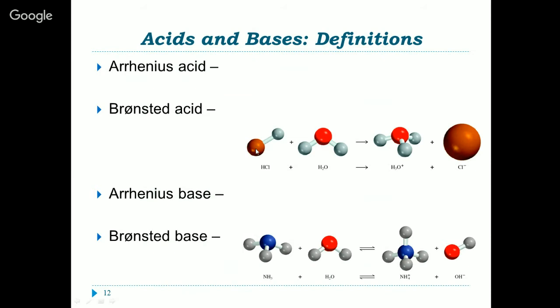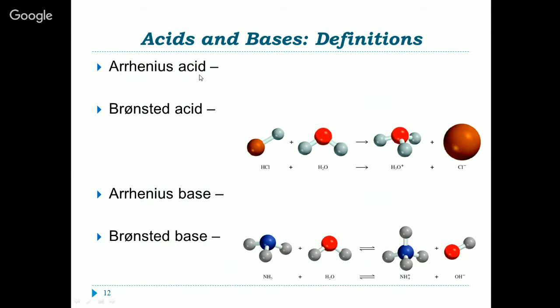I notice that on the flip side here, the chlorine is all by itself. It lost the proton. Where did the proton go? The proton went to water. So hydrochloric acid is our proton donor, which then means water is our proton acceptor. We've increased the amount of protons in solution. So this, by definition, hydrochloric acid is both an Arrhenius acid and a Bronsted acid.